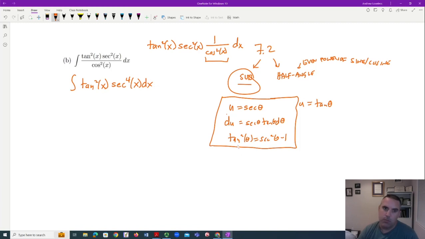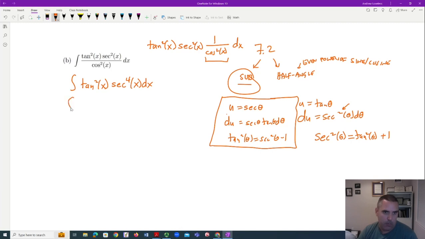And the reason is when you pull one out of an odd, you get an even. You can use this identity. So the other option is this one. And this one works better when the power on secant is even. And then we're going to use the same identity, just written a different way. With me, I definitely have these identities on my note sheet.